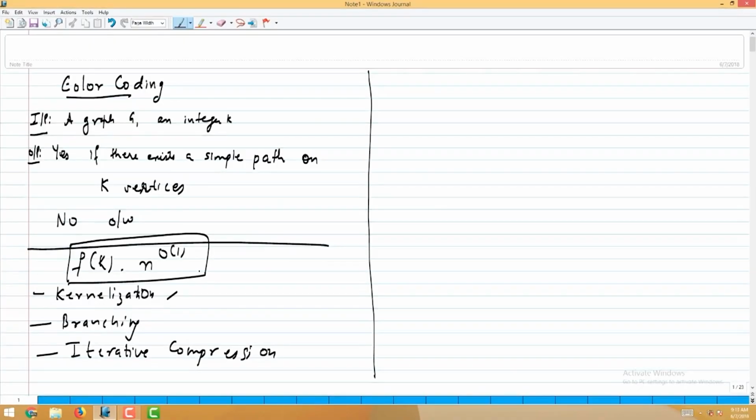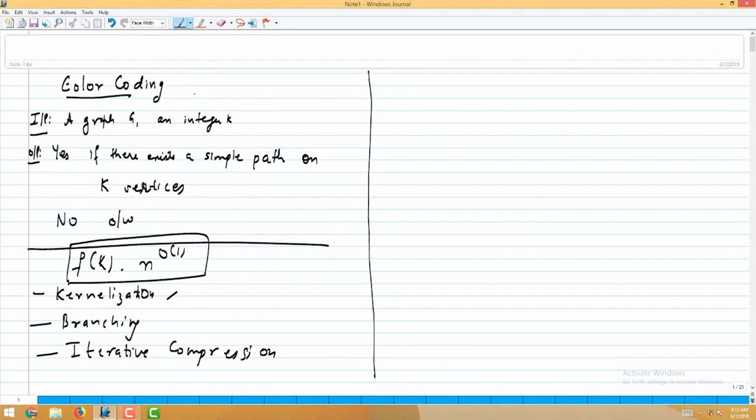And we'll see that once we have an algorithm to solve the colorful version of this problem, running in time f of k times polynomial in n, then we can actually solve the original problem in time g of k times polynomial in n, maybe not the same function f of k that is there in the running time of the colorful version, but some g of k, which is again some function of k. We'll see what these are. Doubts?